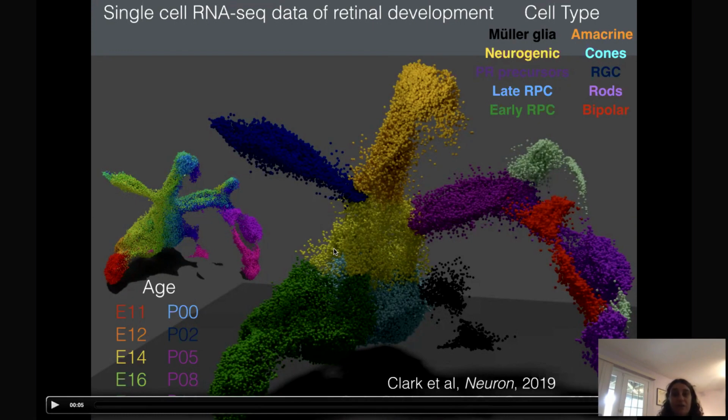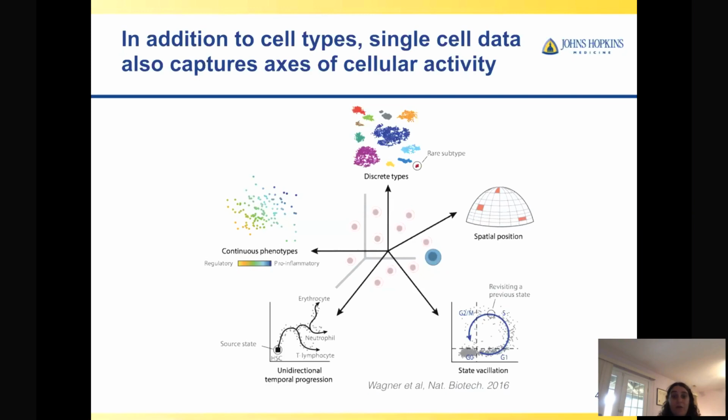So what's really novel? What Aviv Regev sort of noticed, and what's very exciting about single-cell data, is that because you have the whole transcriptional profile of this system, you don't only get out cell types, but within each of these cell types, you also have information about what phenotype it's in: what is the temporal progression, where is it along the developmental trajectory, where is it along the cell cycle, and where is it along the spatial position.